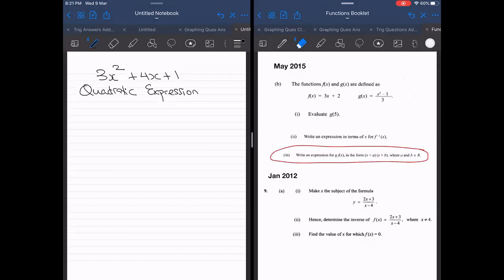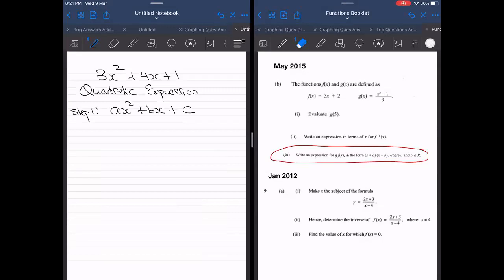So step 1. Right, a quadratic is in the form ax squared plus bx plus c. That's how you identify the quadratic. You have an x squared term or y squared, whatever letter, but you have a squared term, and then the number on the outside.